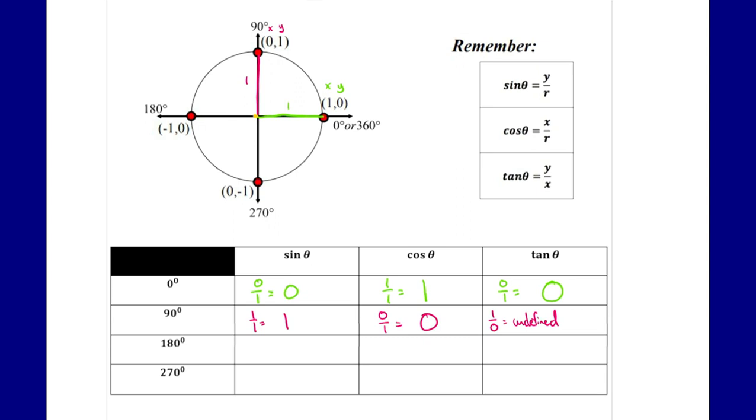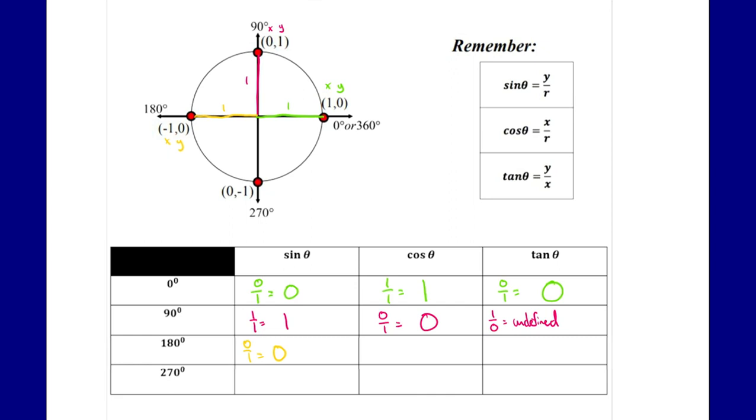For 180 degrees, so going out to here, the radius, or r, is still 1. So for sine, y over r, or 0 over 1 equals 0.